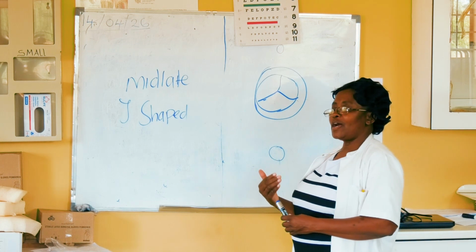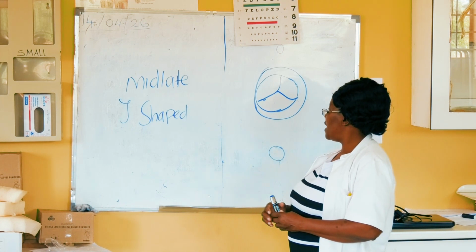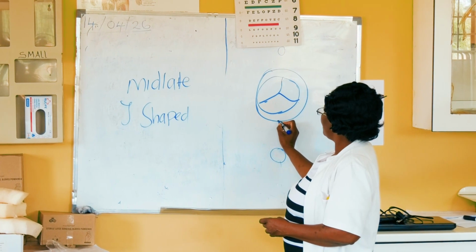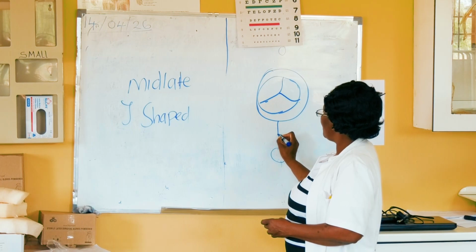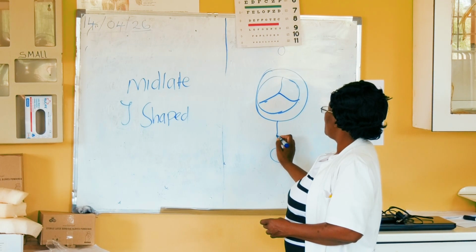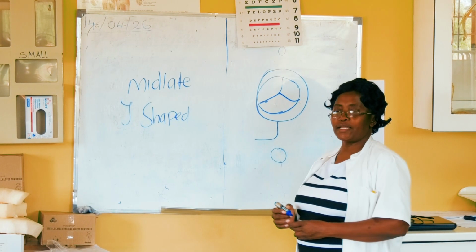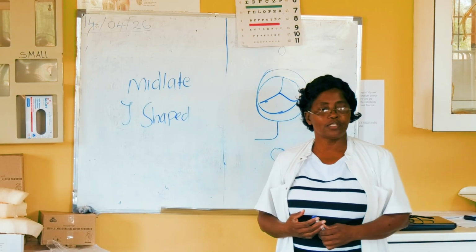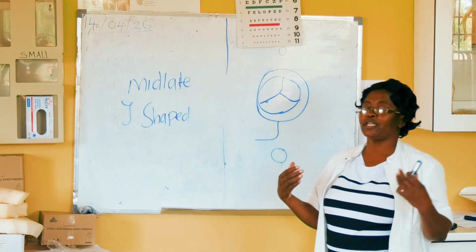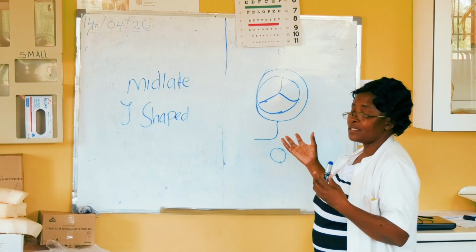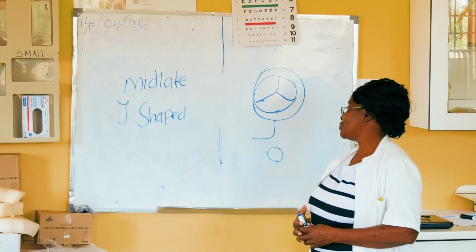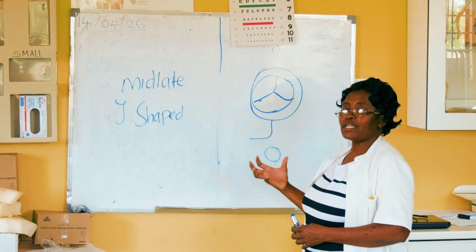So we can either have the method where we are going to the J-shaped, where we start from the middle part there, we come, and as we approach towards the anal sphincter, we are going to go sideways. This one, if we want to make a generous episiotomy because the baby is big, or maybe we realize that it's a breech presentation, or maybe the baby is having difficulties with breathing, so I want the baby to deliver fast.